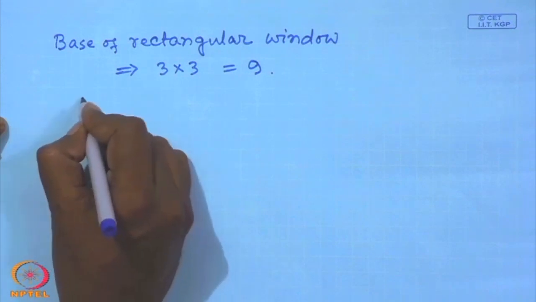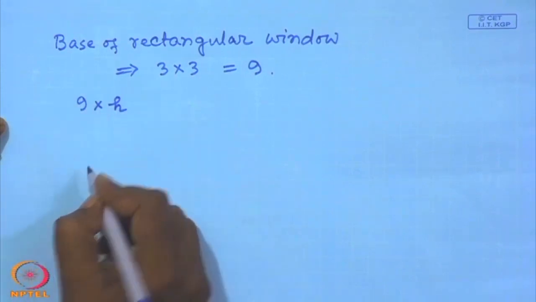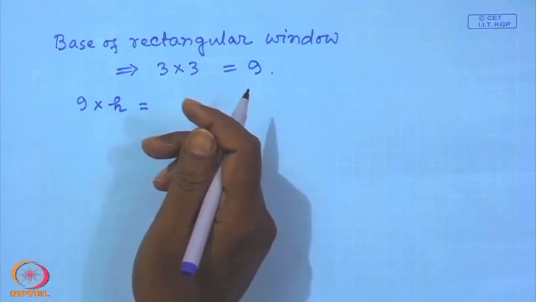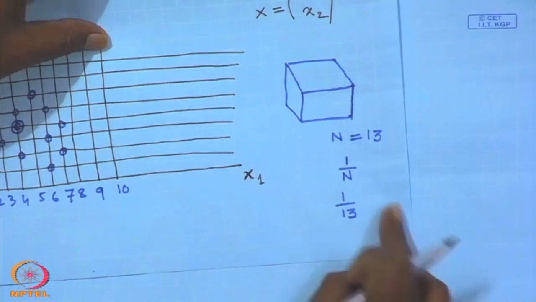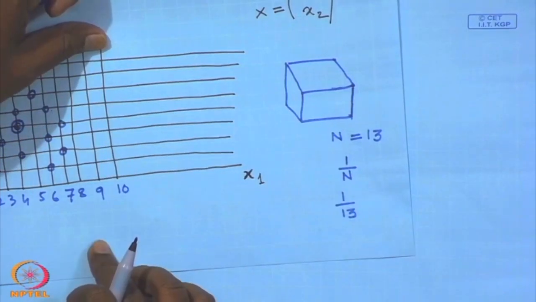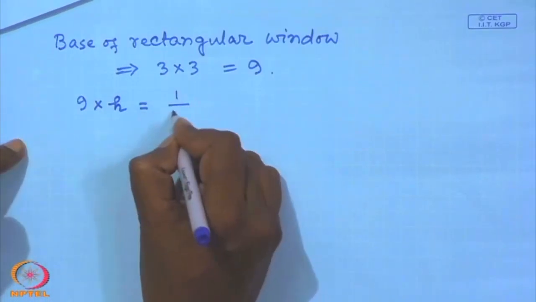So, I have 9 into the height of the box, that has to be equal to the volume of the box, and this volume we have computed to be 1 upon 13, because we had a total of 13 samples. So, 9 into h is equal to 1 upon 13.